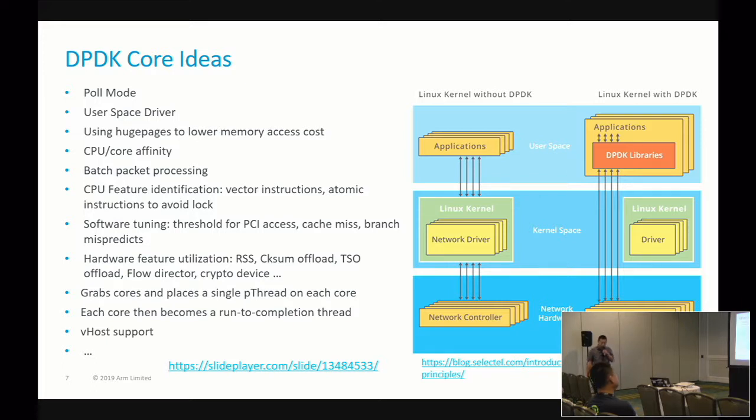DPDK also uses CPU feature identification, such as vector instructions and atomic instructions to avoid locks, and software tuning for the fast path to avoid cache misses and branch mispredicts. And it will utilize all the hardware features such as checksum offload, TSO offload, and all things like that.